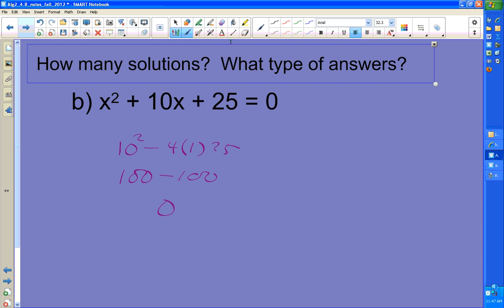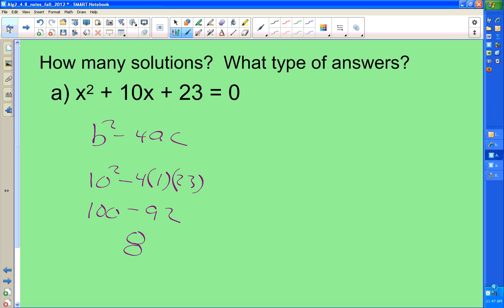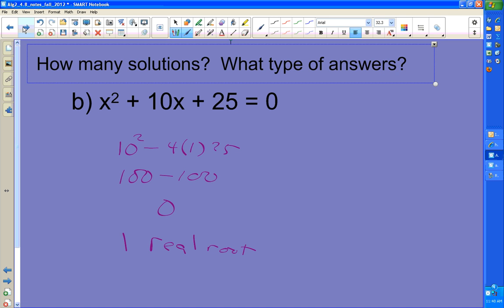That means there's one real root. It's also going to be rational, but that's a little more detail than maybe you need to know. Whereas here you have two real roots because b squared minus 4ac is positive. Here it was 0, so you have one real root.